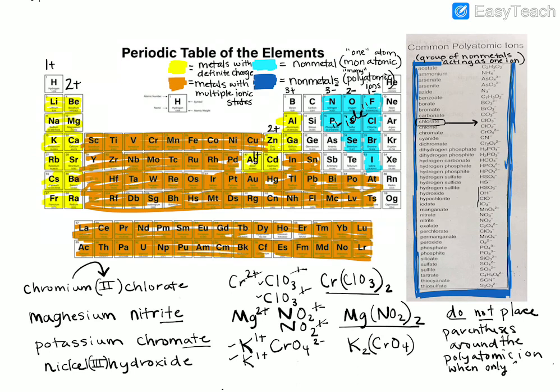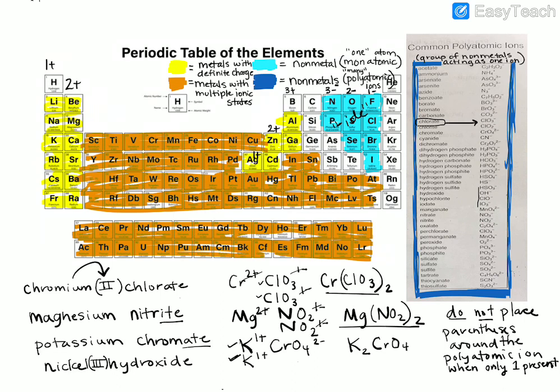When there's only 1 present in the compound, this right here is not a thing. You do not put parentheses around the polyatomic ion if there's only 1 in the compound. So there's 2 potassiums, and of course you don't ever put parentheses around just individual ions. So K2CrO4 would be our compound's formula.